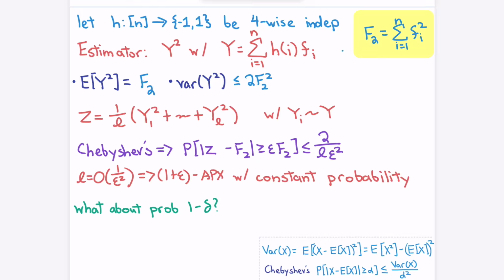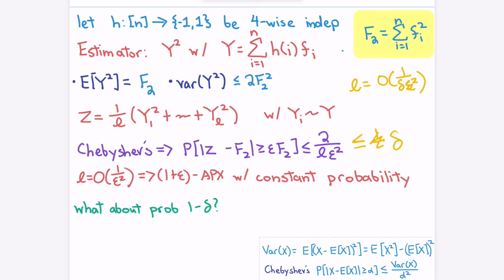One idea is if we set L to be on the order of 1 over delta epsilon squared, then this will start looking like delta. And you're making 1 over delta epsilon squared copies.